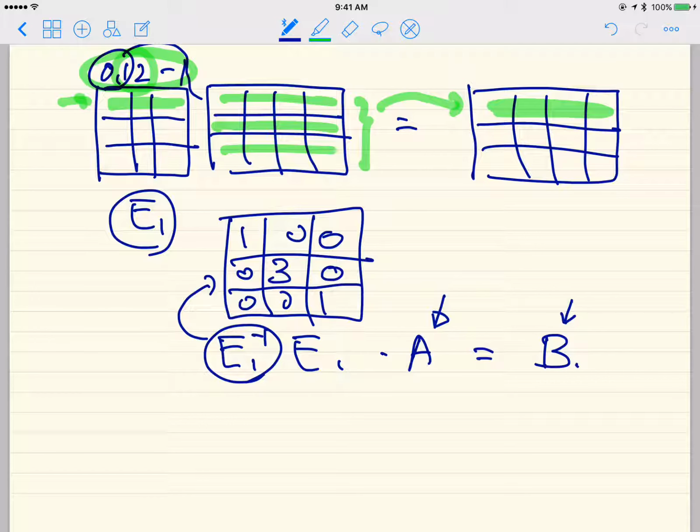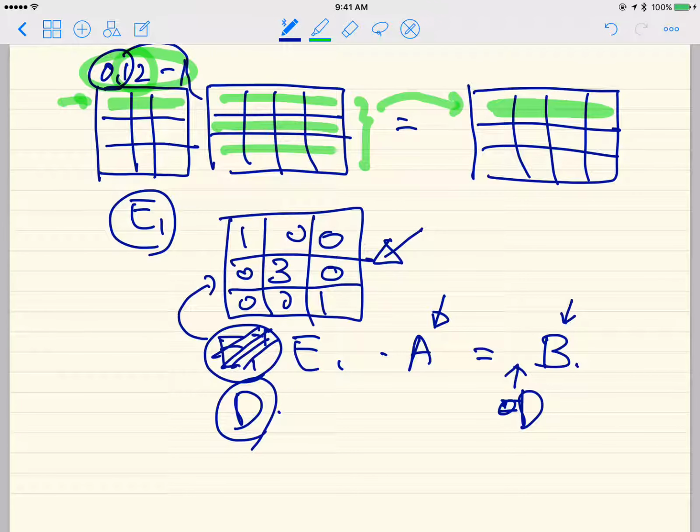So how can we recover that? If we think about some matrix multiplied here, let's call that maybe matrix D. And let's think about it as the inverse transformation of this row scaling of a particular row.